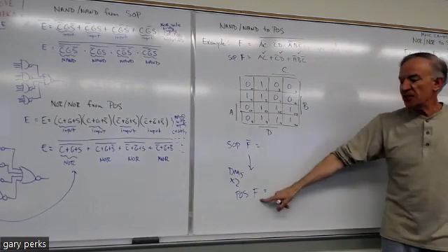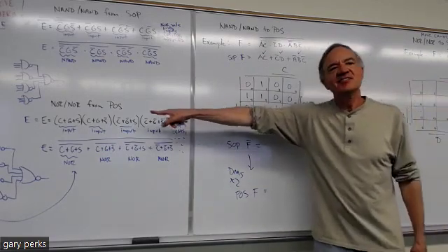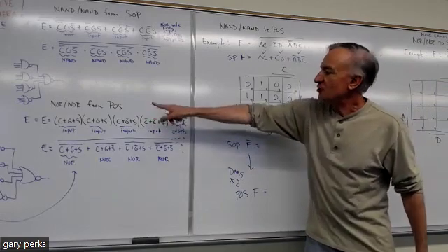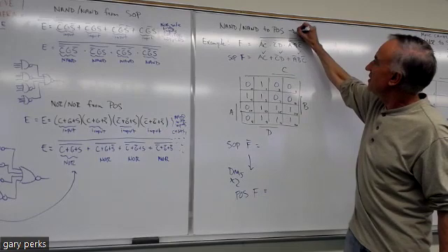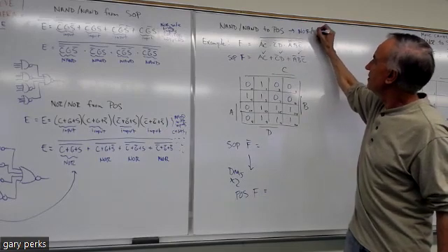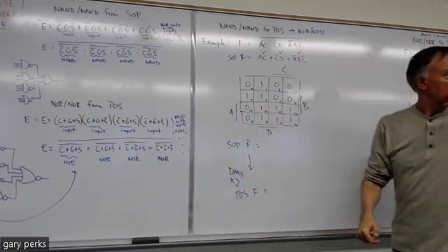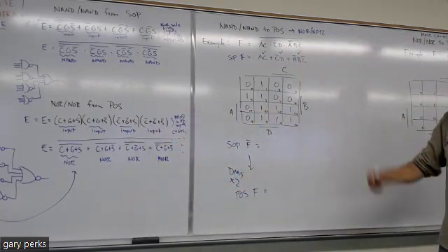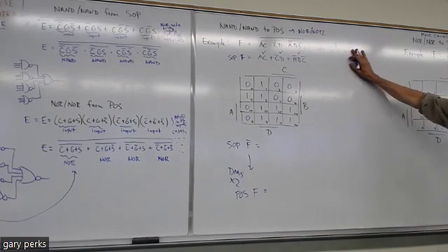And then once we have POS for F, what can I easily get? Something we did earlier: we could get NOR, because once you have POS, you can easily get NOR from what we did here. All right, but let's group the zeros.